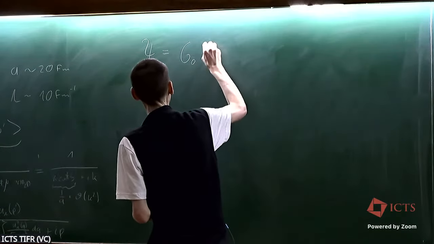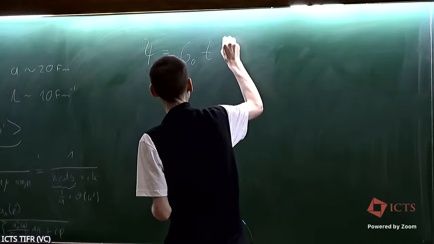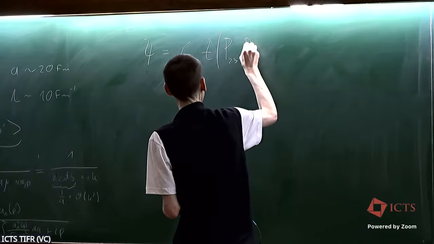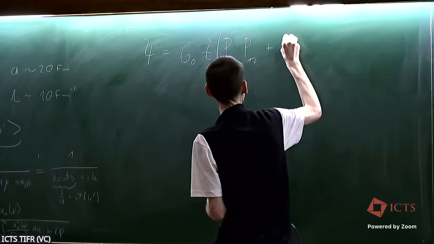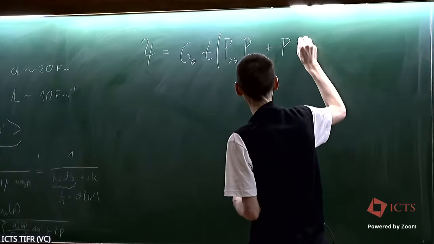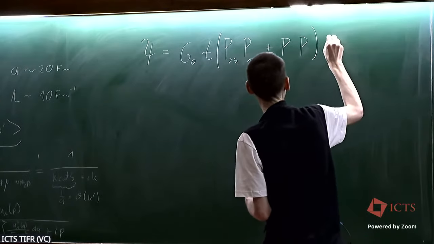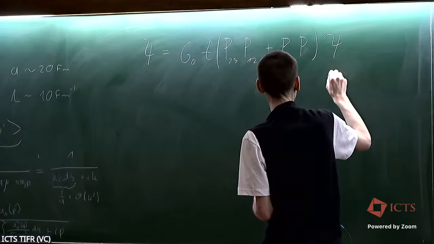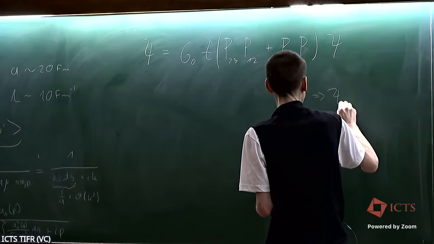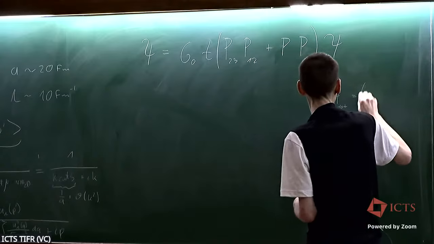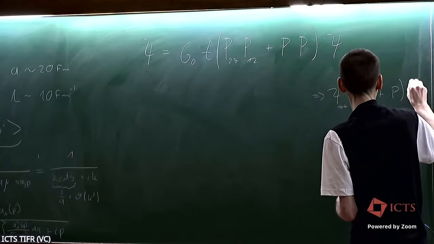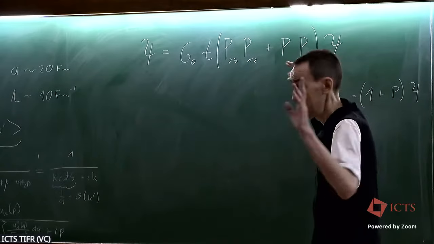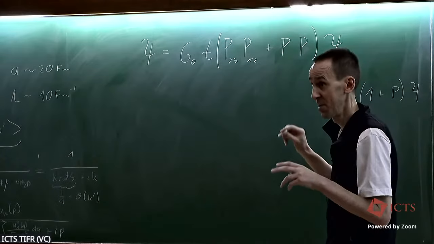So G0, T. Then comes this permutation operator, which is P 1,2 plus P, and then the same component. This is straightforward, which doesn't mean that it's simple.